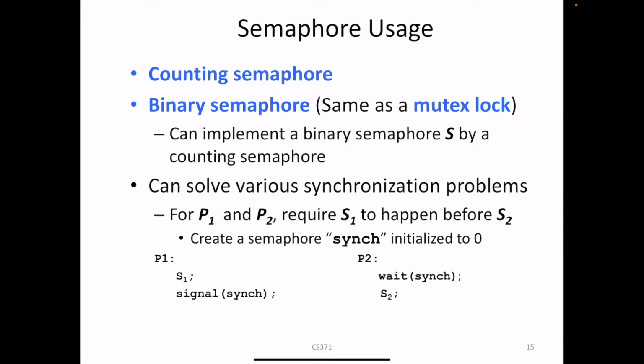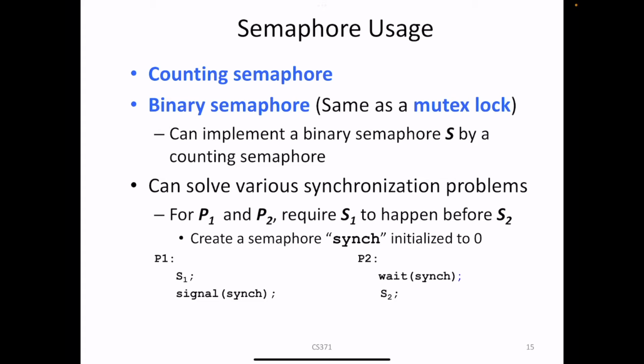Another type is the binary semaphore. The functionality of a binary semaphore is very similar to a mutex lock, and it can be simply implemented by a counting semaphore. It is quite simple. You just set the integer to be 0 or 1. When you want to get the lock, you set the semaphore to 0.